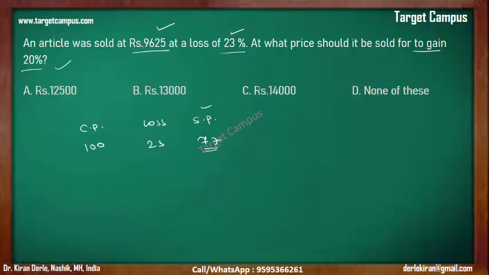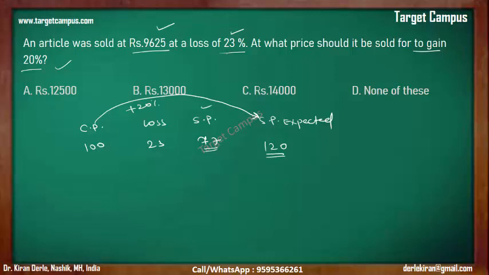We want 20% gain on this cost price, so our expected selling price is 120.